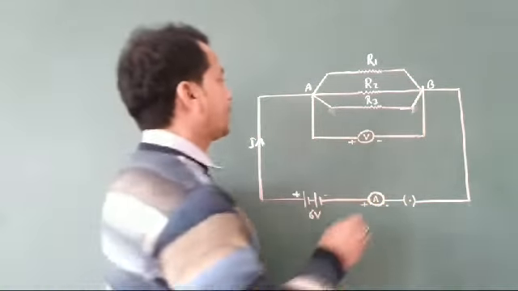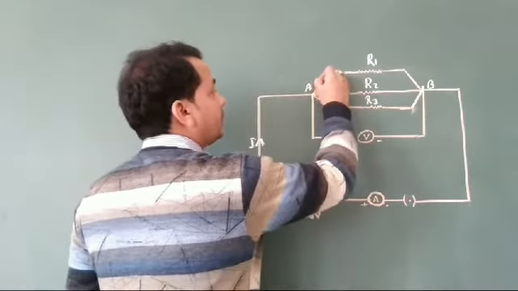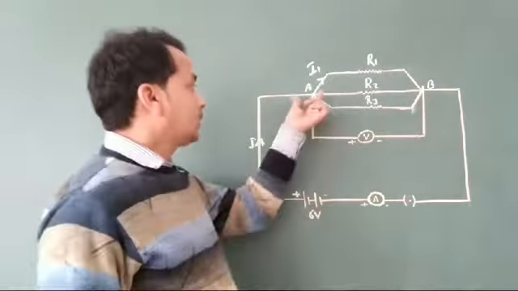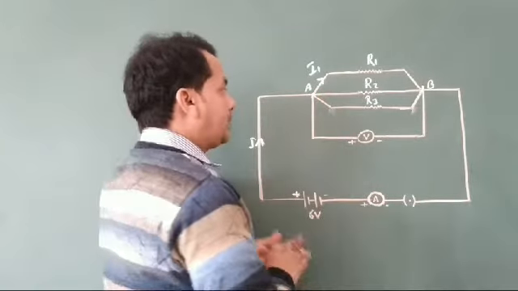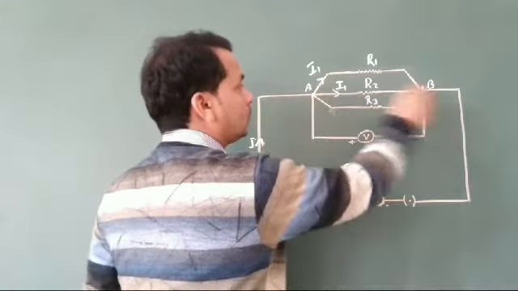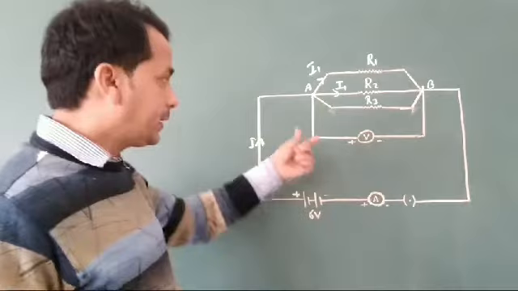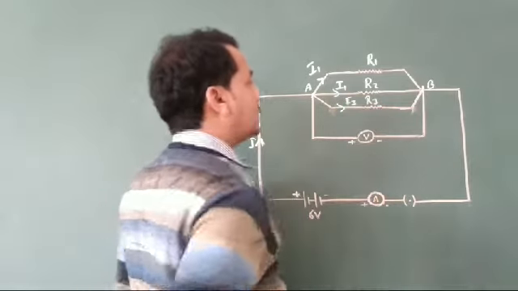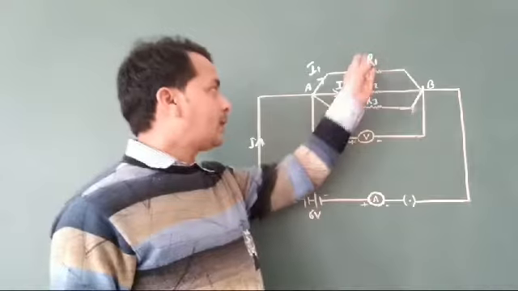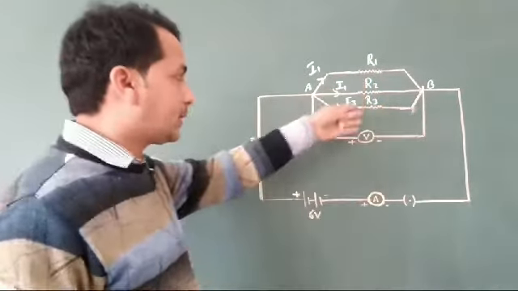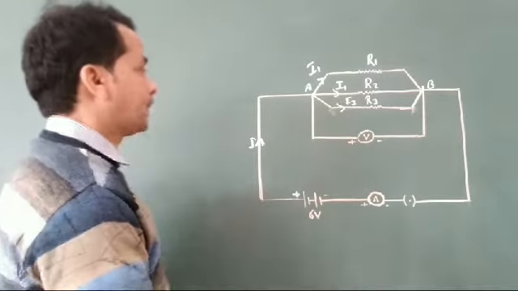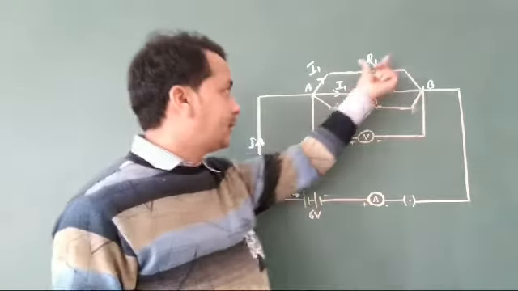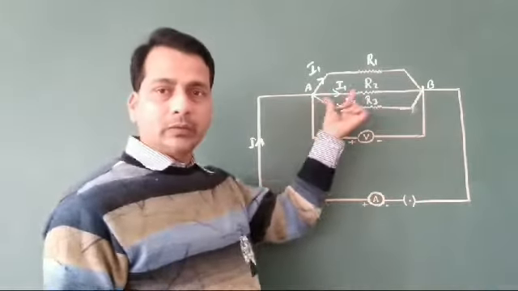Suppose the current I1 flows through the resistor R1, the current I2 flows through the resistor R2, and the current I3 flows through the resistor R3. In a parallel combination, the electric current will be different in each resistor and the potential difference will be the same.